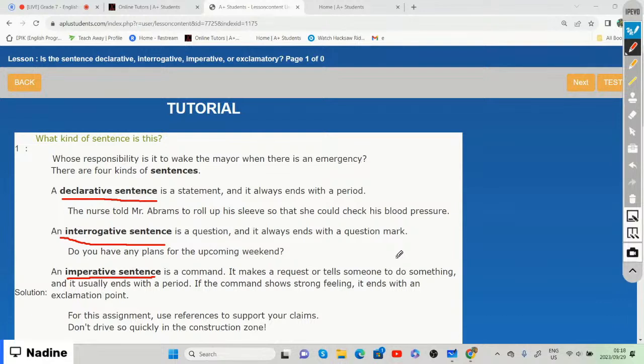And then the next one is don't drive so quickly in this construction zone. This is also a request or telling someone to do something, but in this case, it shows strong emotions or feelings, and it ends with an exclamation point.